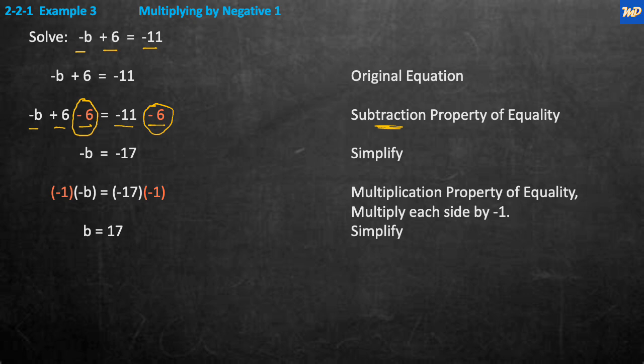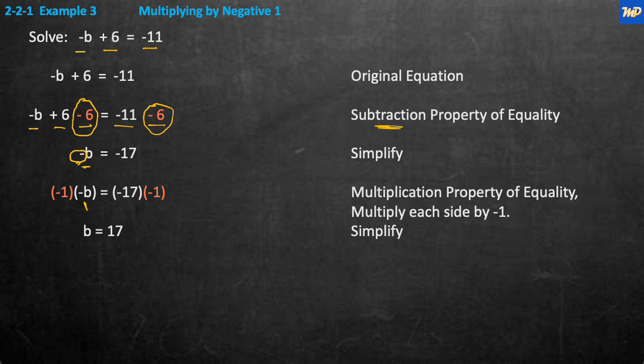And then what you end up with is the b over here by itself, negative b, is equal to -17. So what do I have to do to get rid of the negative? Just what we said in the previous slide. We can multiply by -1. I have negative b, which has that -1 hidden in there with the b.